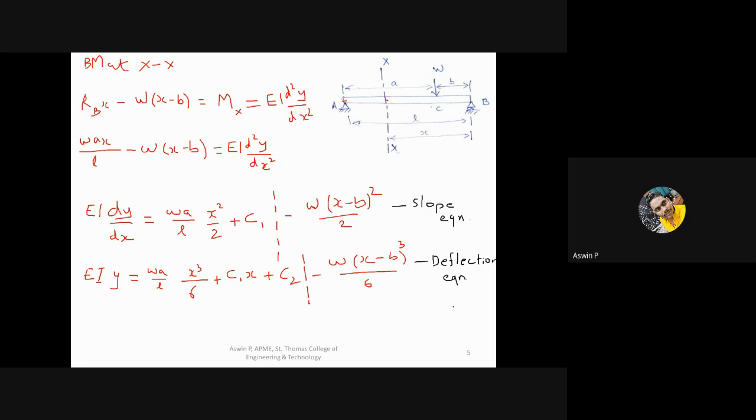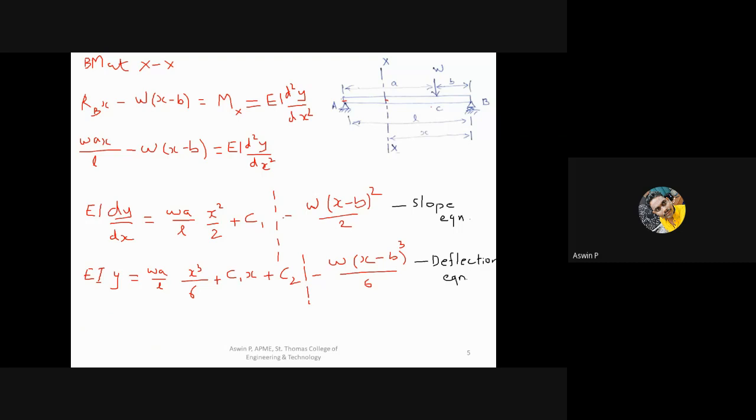And from here onwards, we need to identify what those C1 and C2 are. We need to find the values of constant C1 and constant C2. For that, we need to substitute boundary conditions.